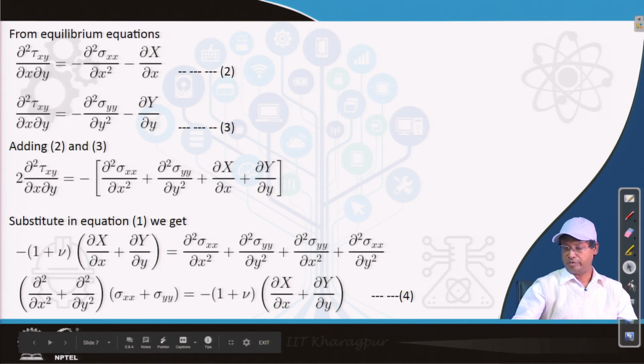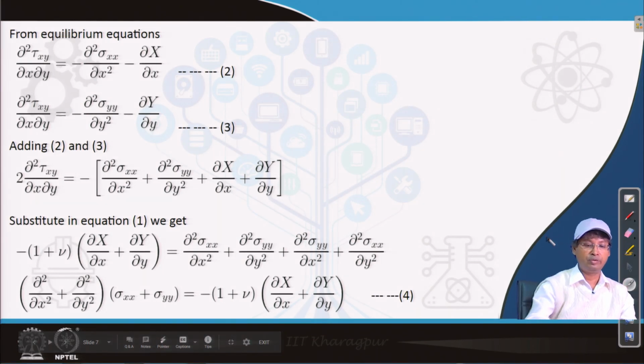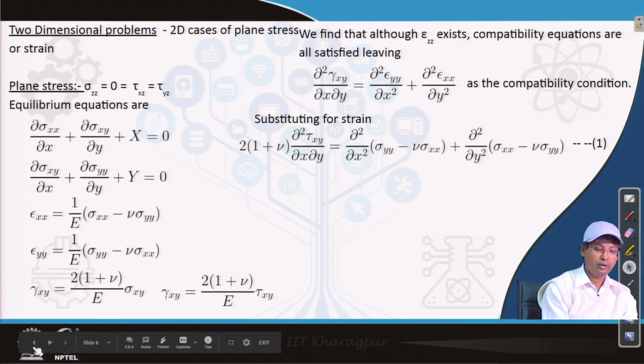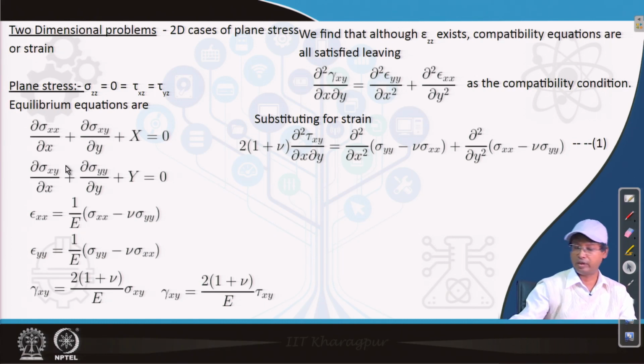The remaining equilibrium equations 2 and 3, we can see, are differentiated. This notation is only changed; here it is sigma, there tau is used.